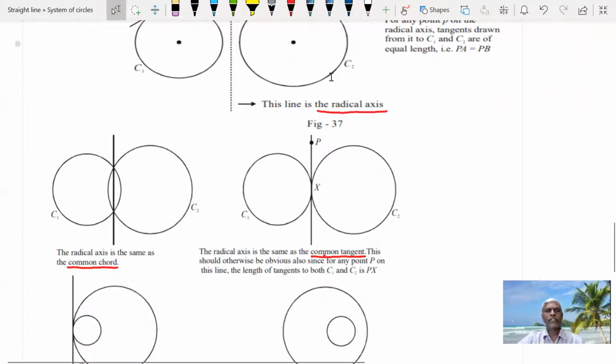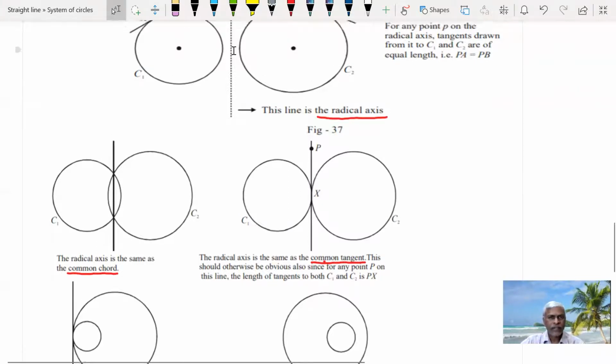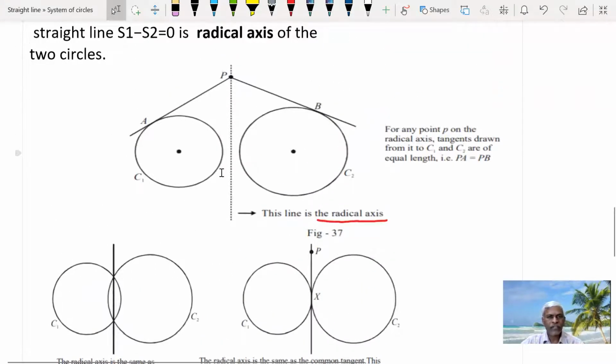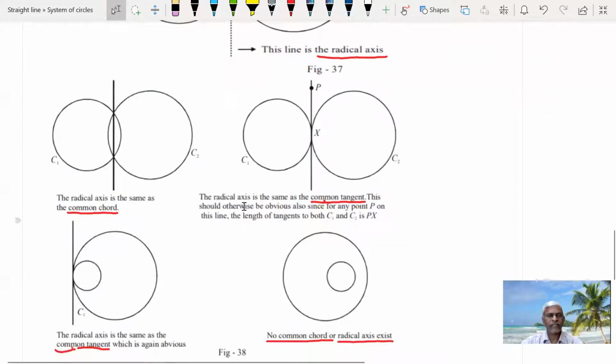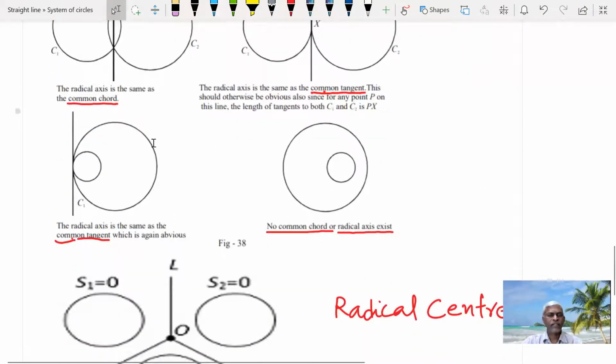If the two circles are separated outside, this dotted line in between the two circles is the radical axis. If the circles intersect, the common chord is the radical axis. If the circles touch each other, the common tangent is the radical axis. If the circles touch internally, then the common tangent is the radical axis.